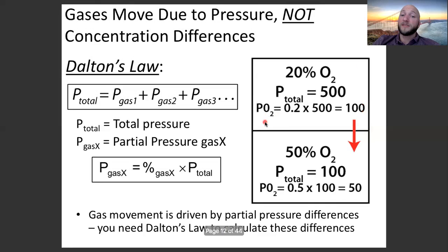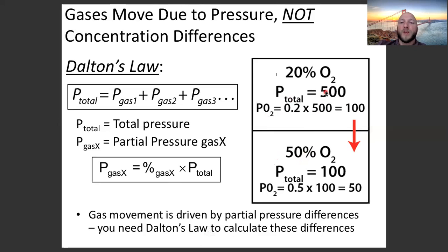But let's look at this situation where the partial pressures of oxygen and the pressures of these chambers are different. The total pressure in the top chamber is 500. The total pressure in the bottom chamber is 100. So let's calculate partial pressure of oxygen.